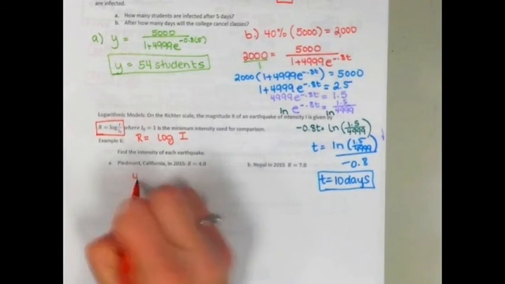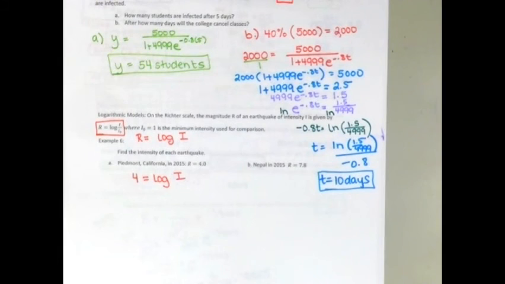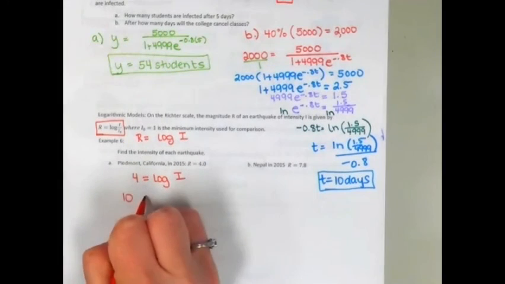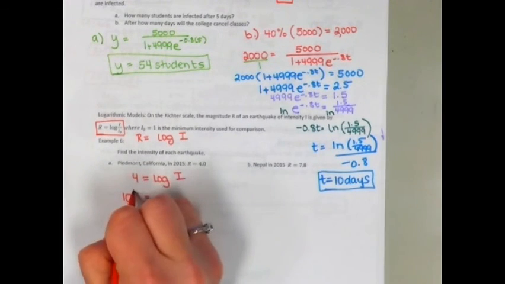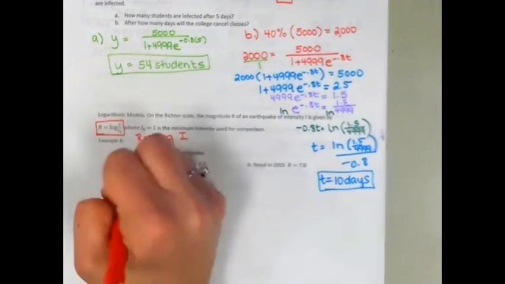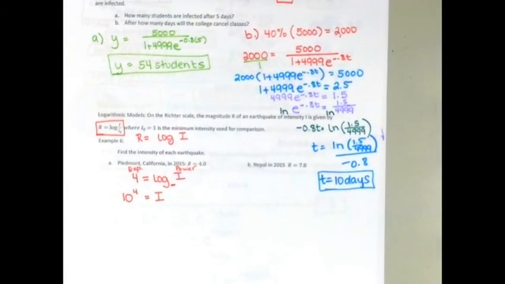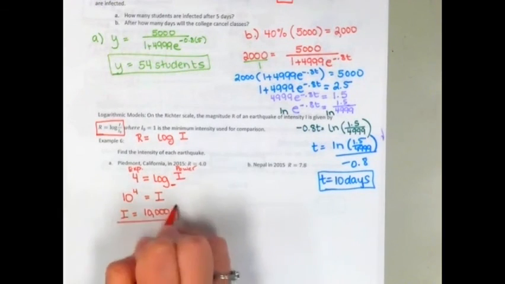So couldn't I have 4, and I'm just going to put 4 instead of 4.0, equals log base 10 of I, right? I don't have to have I to the 0. Why? Because it's just 1. Okay. So now, what's my base here? 10. So 10 to what power would equal what? So 10 to the 4th power would equal I, right? Because it's always base, exponent equals the exponent is my power, right? So my intensity level would be 10,000.